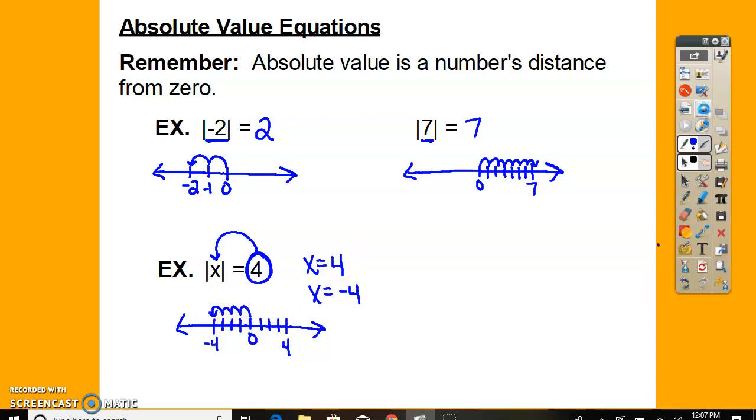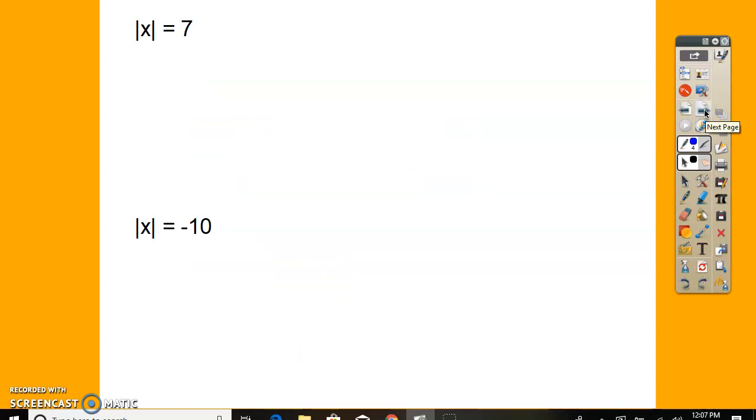Now, if we look at the next set of examples. So we first have the absolute value of x equals 7. So again, I'm working backwards. I know that my distance is 7. So I need to figure out what value or values have a distance of 7 from 0. And we have 2 possible answers.